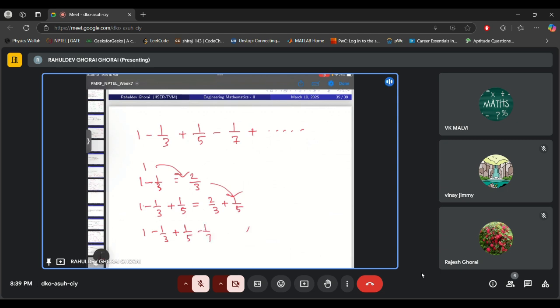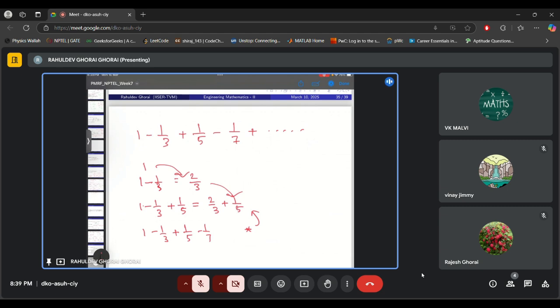Sometimes it is increasing, sometimes decreasing, maybe by a very small amount. So it is very difficult to predict about this sequence.